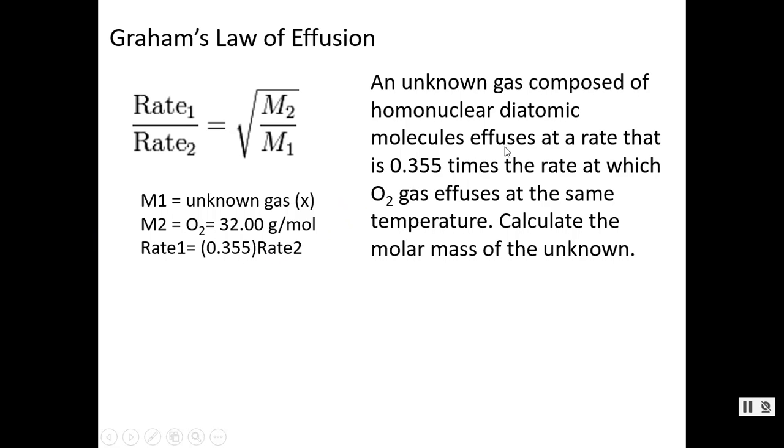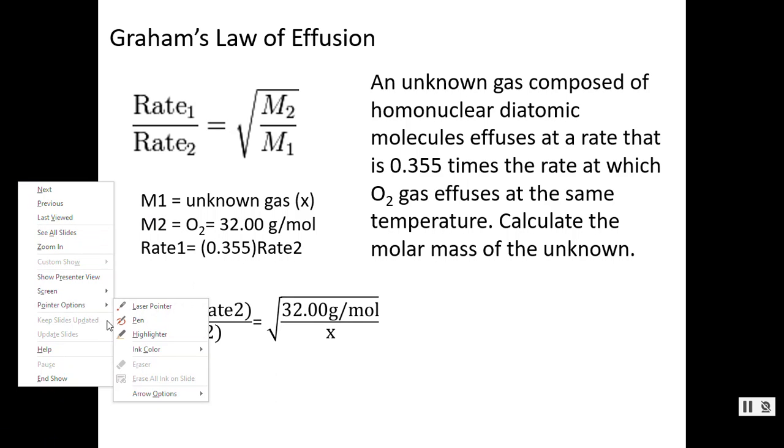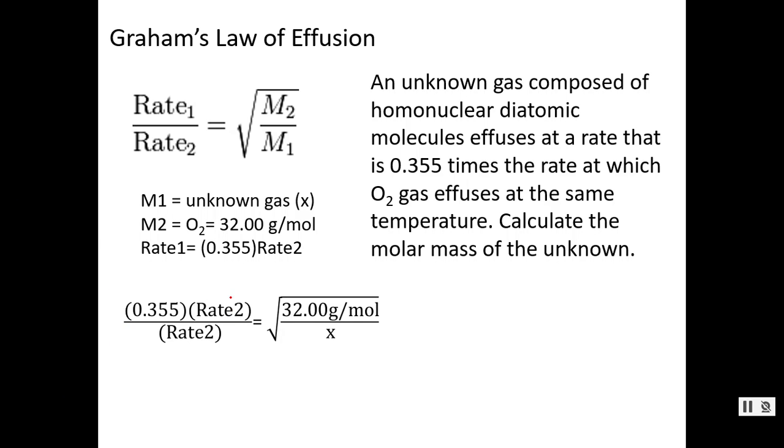So I can take that statement and make a little mathematical expression. Using that and the information about the two molar masses, I can do some substitution into Graham's law of effusion. I don't know my rate 2, but I can do a little bit of algebra and say, hey, that rate 2 and that rate 2, they cancel.